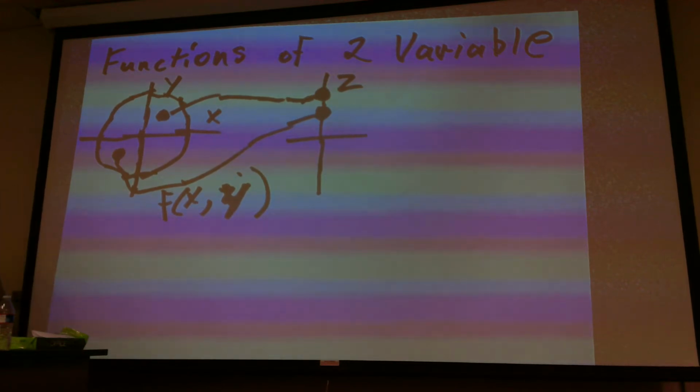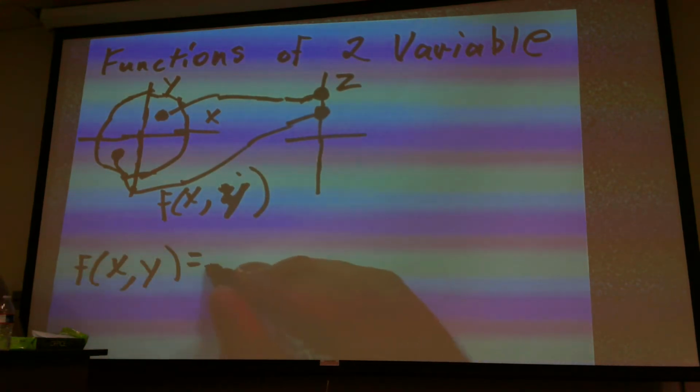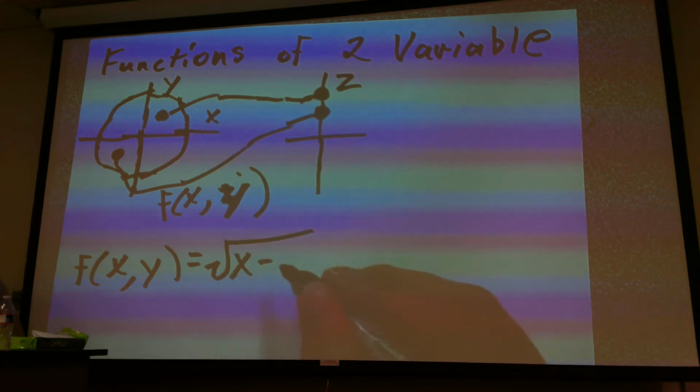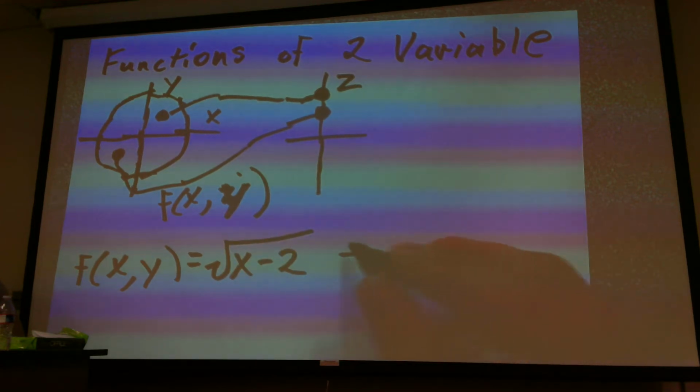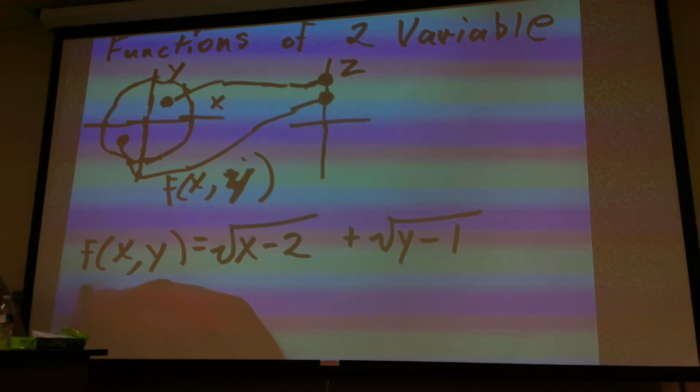Okay? So let's say we had f of x, y is going to equal the square root of x minus 2 plus the square root of y minus 1. Let's find the domain.